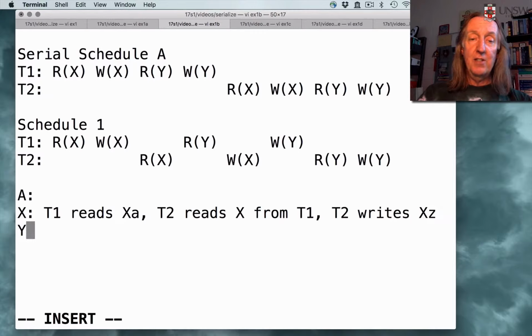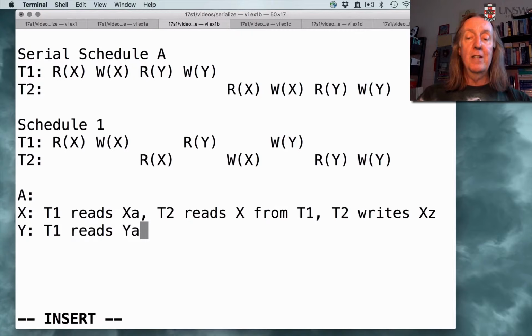Let's take a look at variable Y. Who's the first reader of Y in this schedule? Clearly it's T1, because T1 does everything before T2 does anything. So T1 reads YA. Then what value of Y does T2 read?